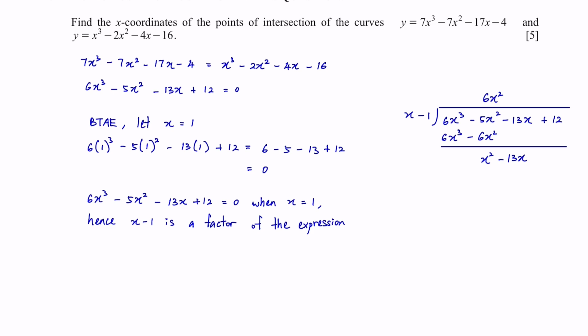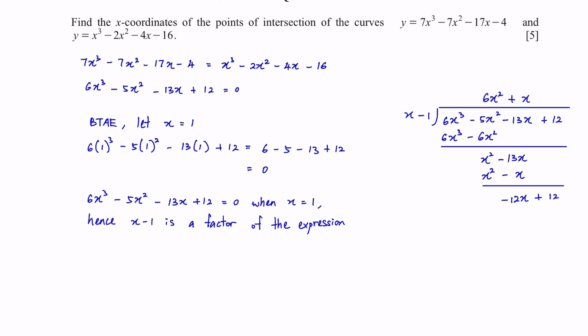And same thing, we need to use this term, multiply by x to get x squared. So we would need an x here. So x times x is x squared. x times negative 1 is negative x. And negative 13x minus negative x would give us minus 12x plus 12.